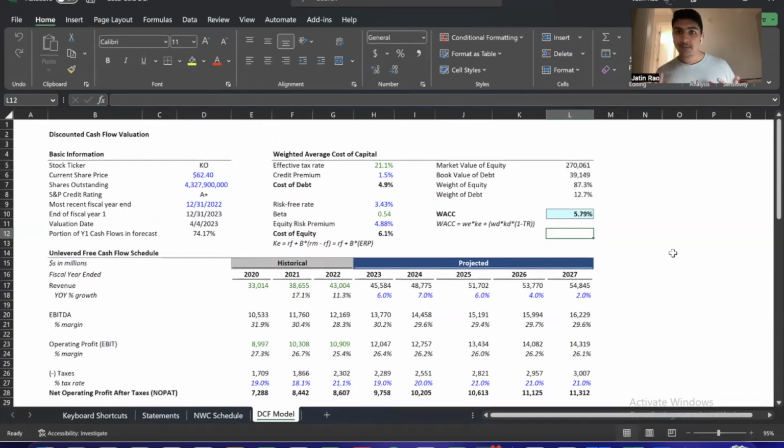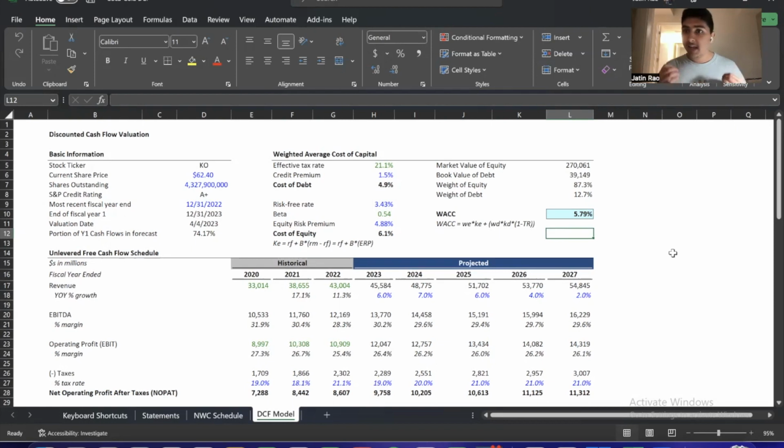For a company, that is called its enterprise value, which you can then convert into its implied equity value or implied market cap, and then divide by its shares outstanding to get an implied share price based on your own fundamental valuation of the company.